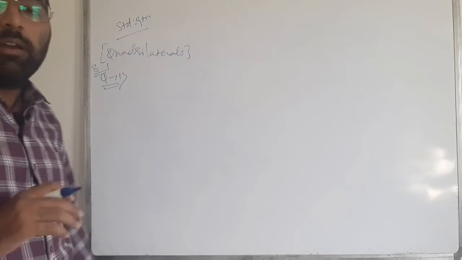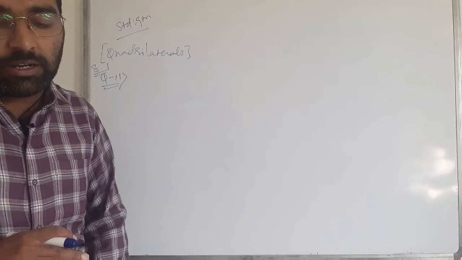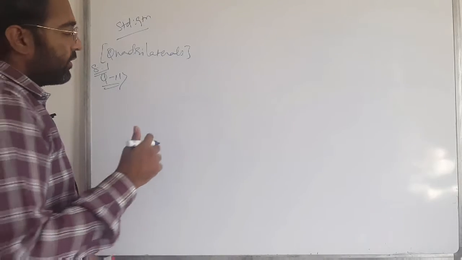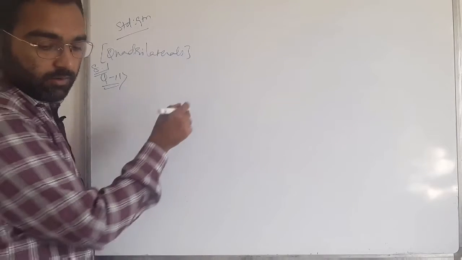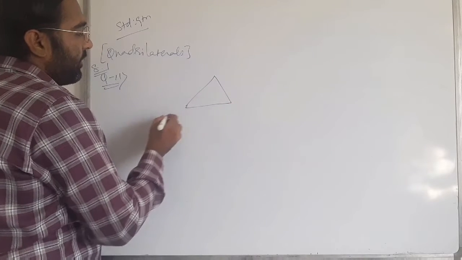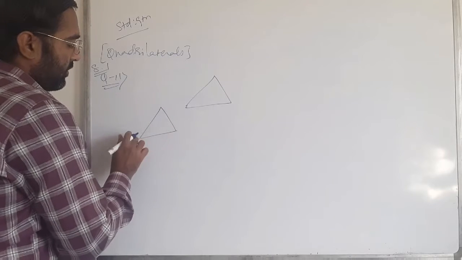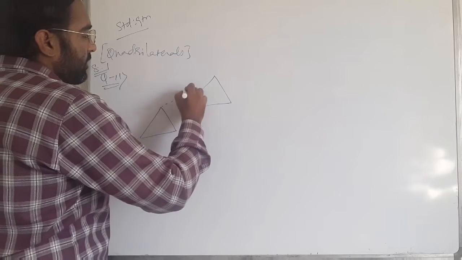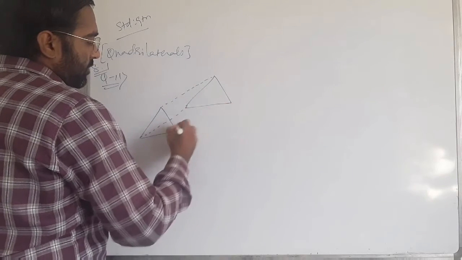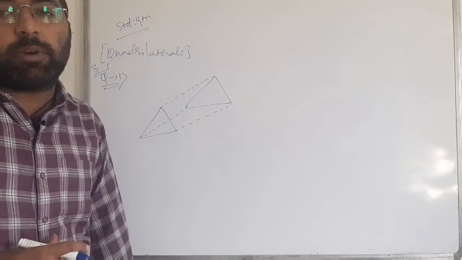From the exercise 8.1, question number 11, it says that in the triangle ABC and DEF, first of all the figure is given, so we have to draw the figure first. Here two types of triangles are given.